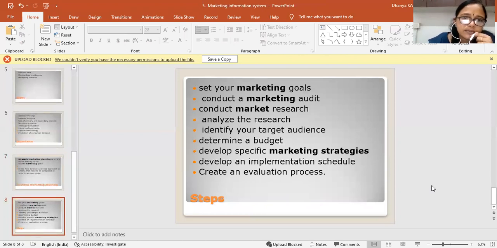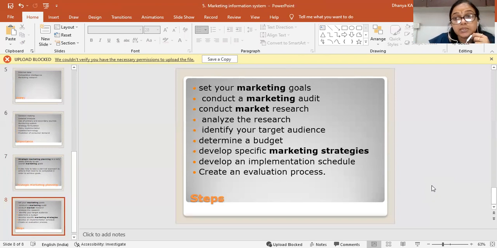External factors means things outside the company, like government policies, political instability, pressures from the stakeholders, then inflation rates, all these will have an effect on the strategic marketing plan. So there are external factors which affect the marketing, and there are also internal factors like what is the organization structure, what is the commitment of the people, then what is the growth or the expansion plan of the company.